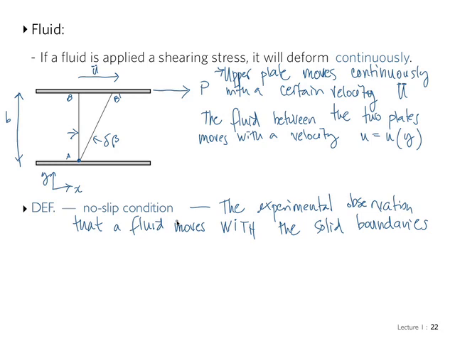U is equal to u of y, and in this case this is a linear relationship, a velocity which varies linearly as u, small u, is equal to capital U times y divided by b, the distance between the two plates.